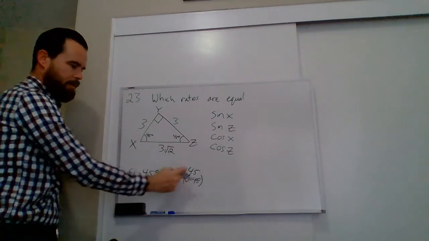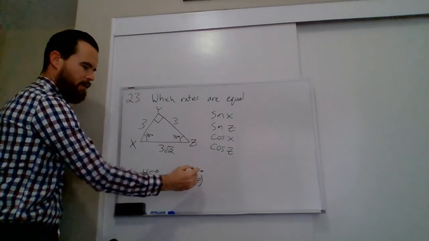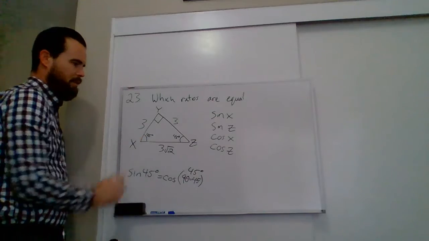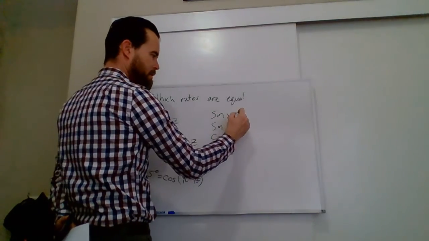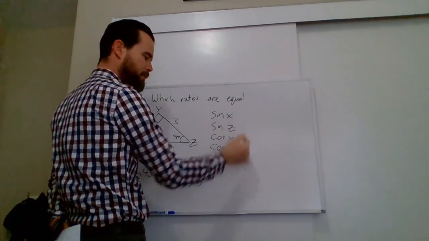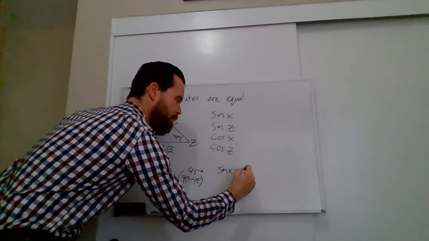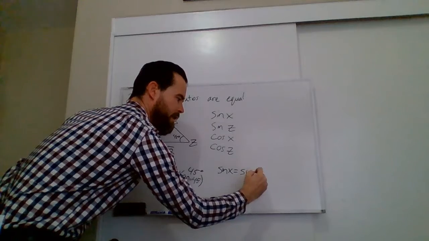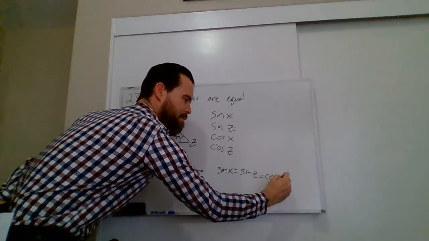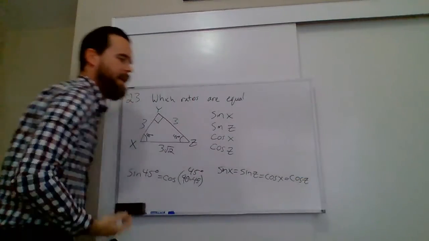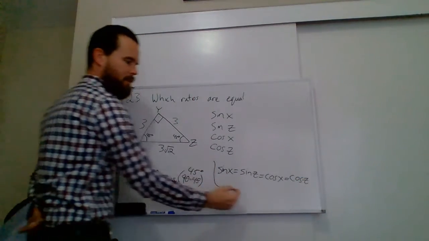So sine of 45 equals cosine of 45. And cosine of 45 is equal to sine of 45. So we could say these are all equal to each other. Sine of x is equal to sine of z equals cosine of x and cosine of z.